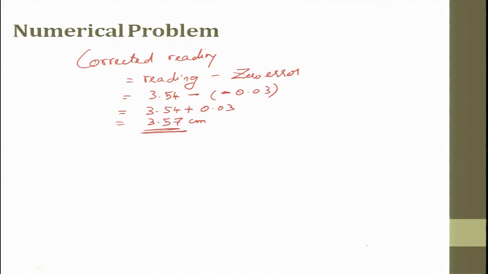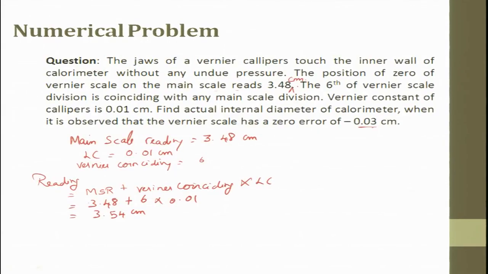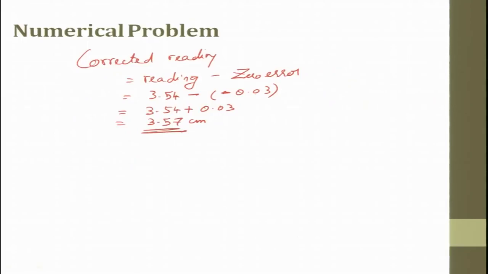So, the corrected reading will be this. For this problem, it is a very trivial problem: main scale reading plus vernier coincidence into LC. So, we got this. Now, this is the minus value, so reading minus zero error. So, this minus gets compensated, it becomes plus, and then the final answer is 3.57.